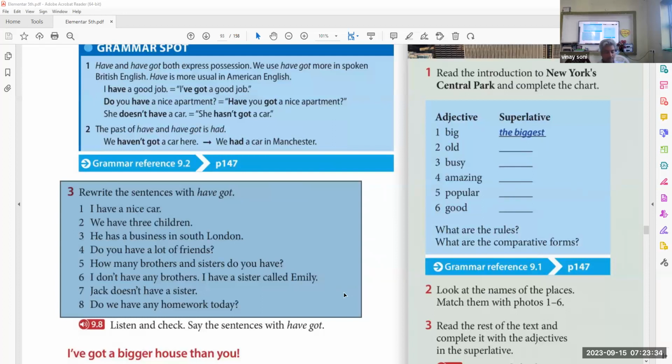I've got a sister called Emily. 7, Jack hasn't got a sister. 8, Have we got any homework today? All right.